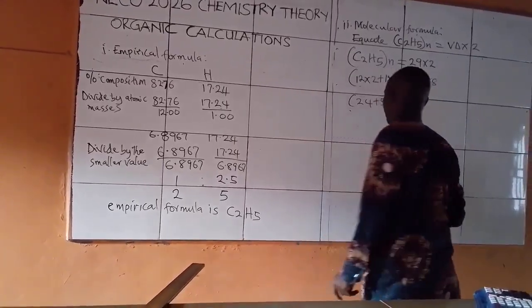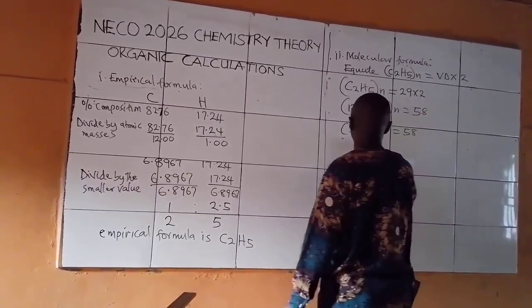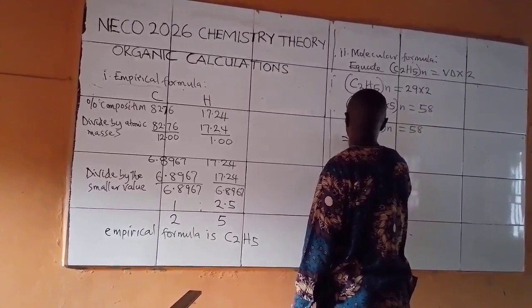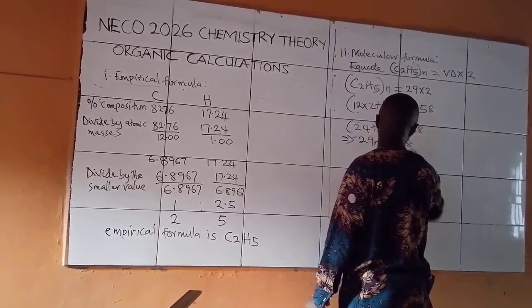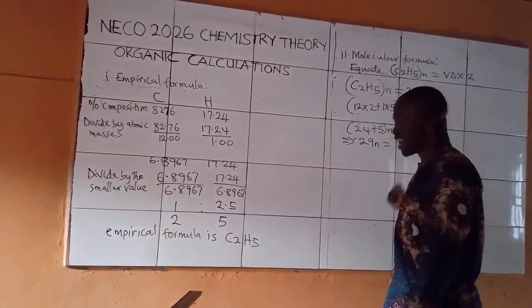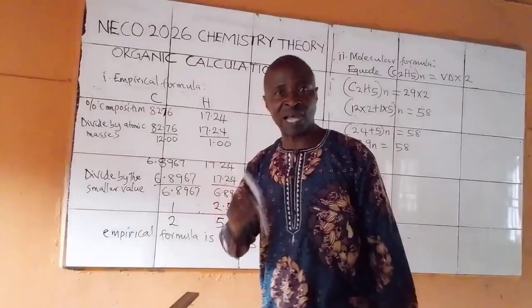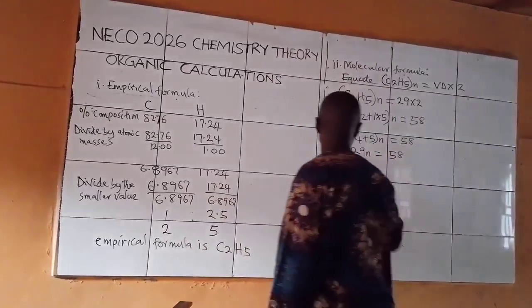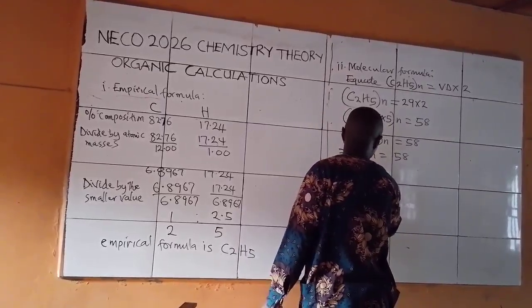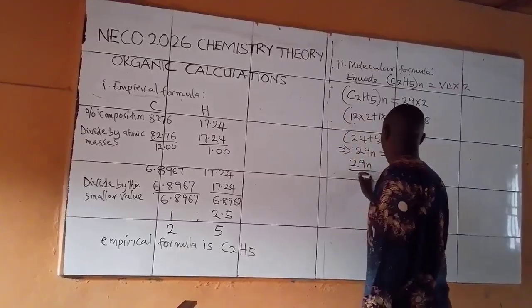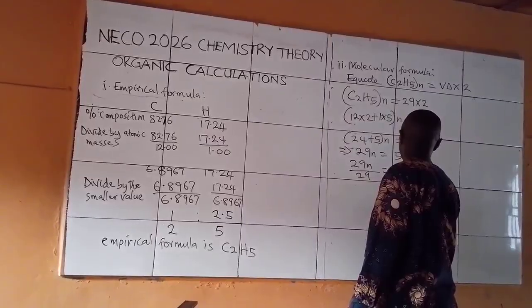So by the time we add 24 and 5, this implies that 29n is equal to 58. Then from 29n equals 58, we divide both sides by 29. So we have 29n divided by 29 is equal to 58 divided by 29.